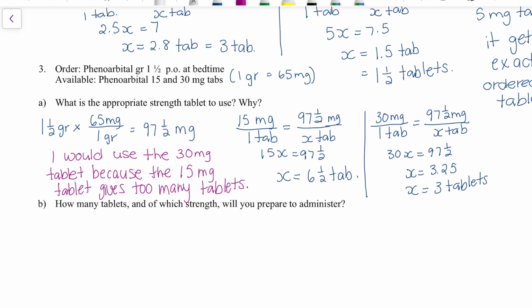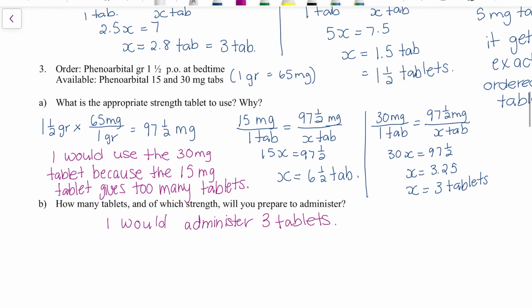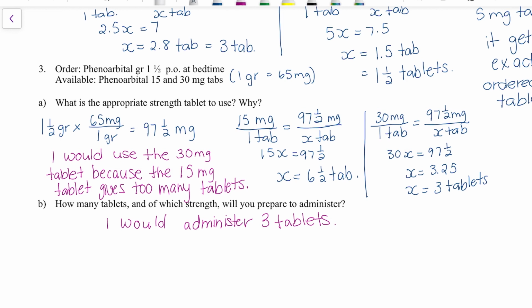Okay. The next question is how many tablets would we administer? So we've kind of done that math there. So I would administer 3 tablets. Okay. We could say 3 tablets of the 30 milligram tablets, and then is that safe?